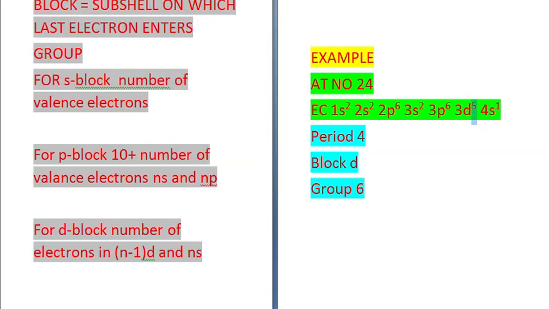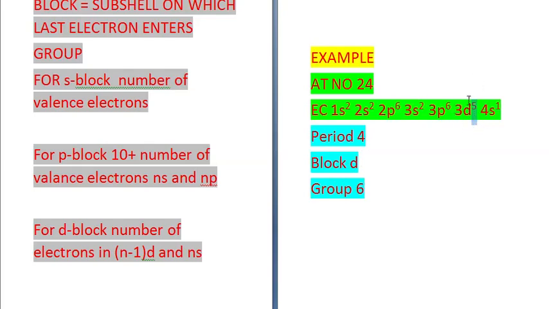Now for the period, I told you that the period is the principal quantum number of the valence shell. In this case the outermost shell is 4s, so the principal quantum number is 4, so the period will be 4. What is the block? Block is that subshell in which the last electron is going.